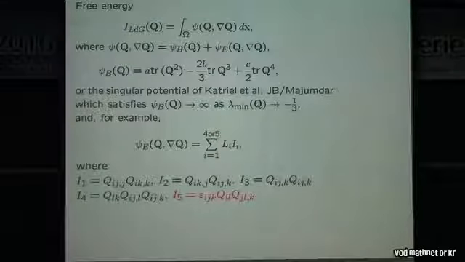This is called the elastic energy. In 95% of papers, the bulk energy is taken to be this quartic form here. Usually A just depends on the temperature, usually it's linear in the temperature, and B and C are taken to be constants. However, if you take that bulk energy, there's nothing in the theory that will preserve the eigenvalue constraint.